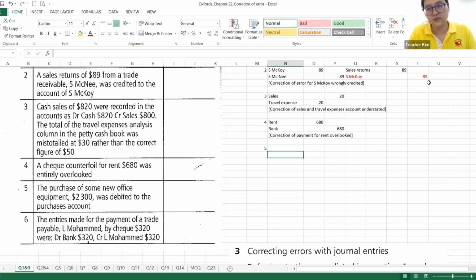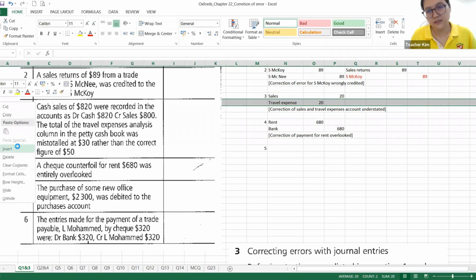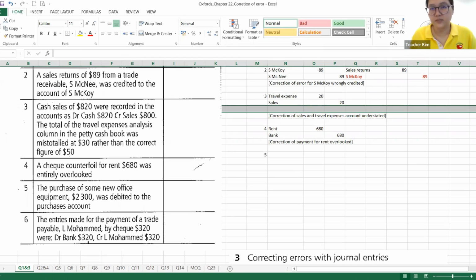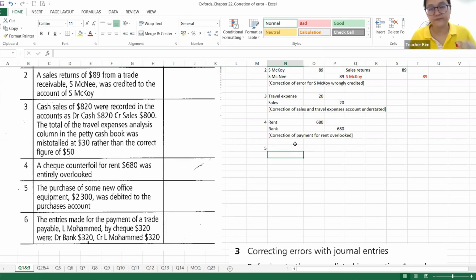One more thing I need to highlight is that you notice here I put the credit side first, but take note in accounting presentation, we always have to put debit first for the journal adjustment. So this one, we have to change it. Put the debit first, credit later. So all debit first, credit later. So take note of it.